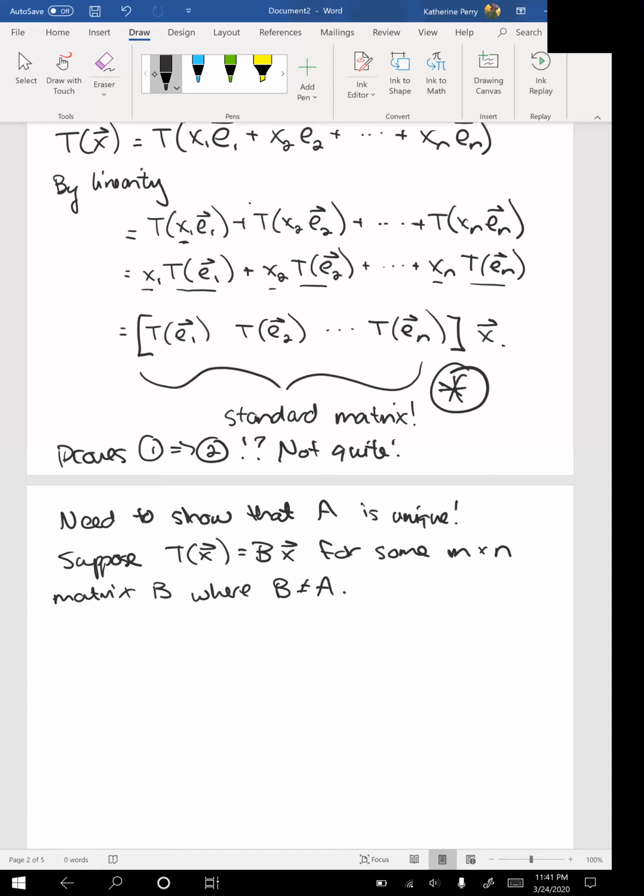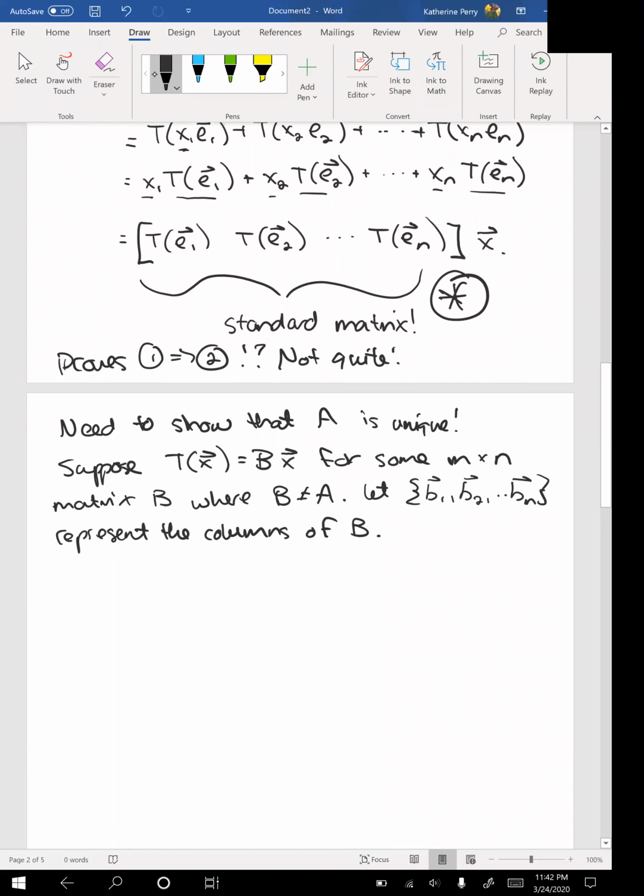Okay, so let's do the same thing we did above, where I let B1, B2 up to Bn represent the columns of B.